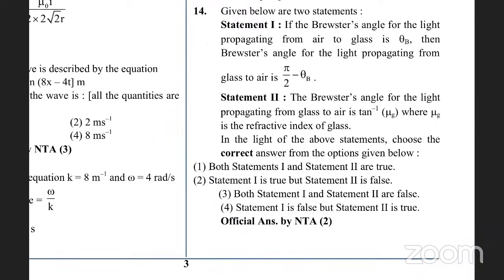So look at the 14th one. Again, there are two statements. Statement 1: the Brewster's angle for the light propagating from air to glass is theta b. I think you know the Brewster's angle. It is when light is traveling from air to some other medium, maybe glass or water.